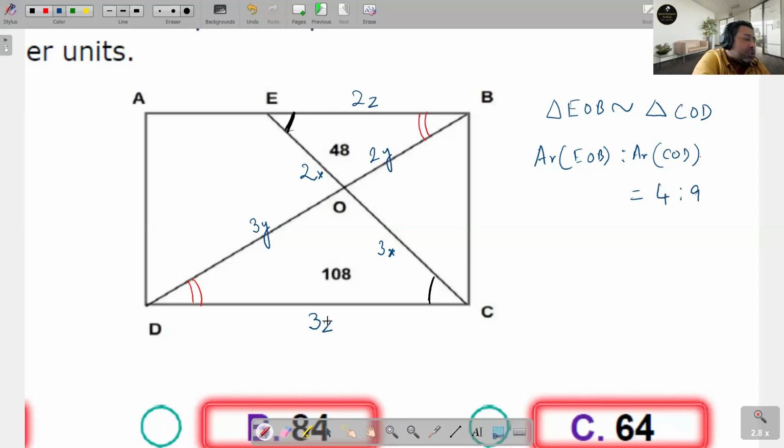Now let's take this as a vertex, and look at triangles COD and COB. The height from this vertex is common, because they share the same base line, and the bases are in the ratio of 2 is to 3. If their heights are common, then their areas will be in the ratio of the bases, which is 3 is to 2. So this is 108, which is 36 times 3. Then this one will be 36 times 2, which is 72.